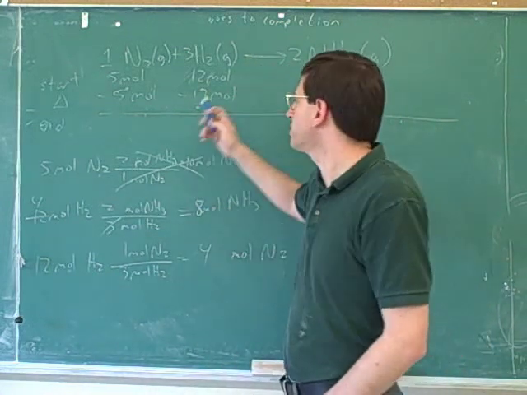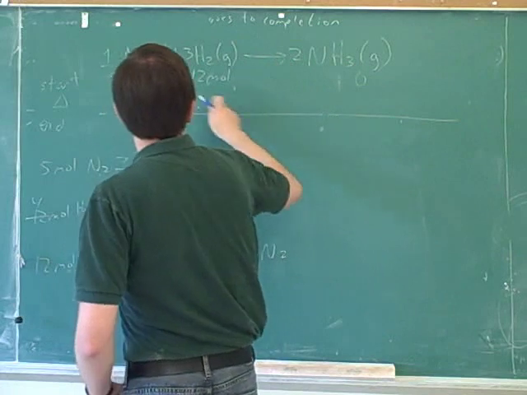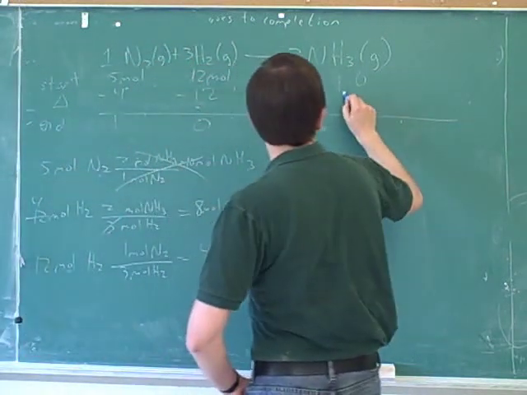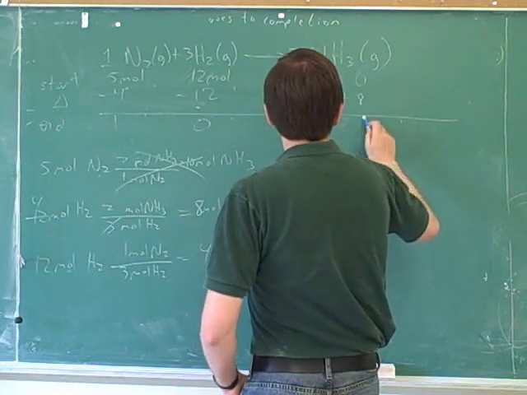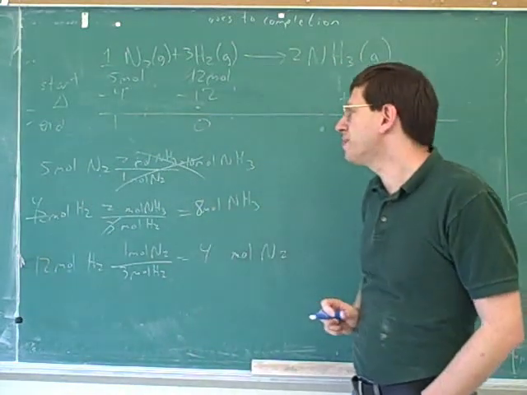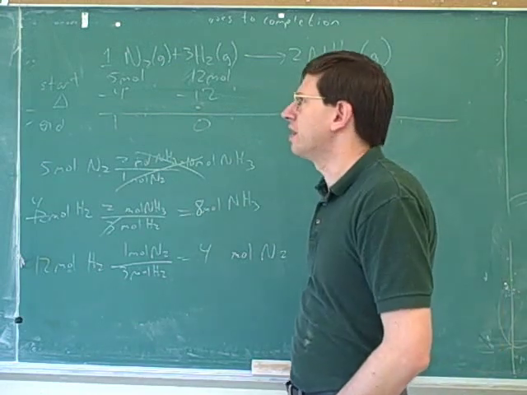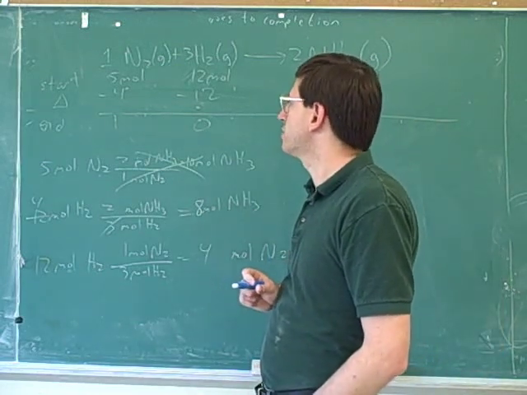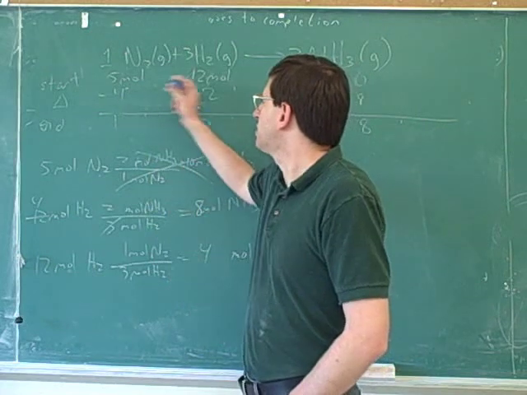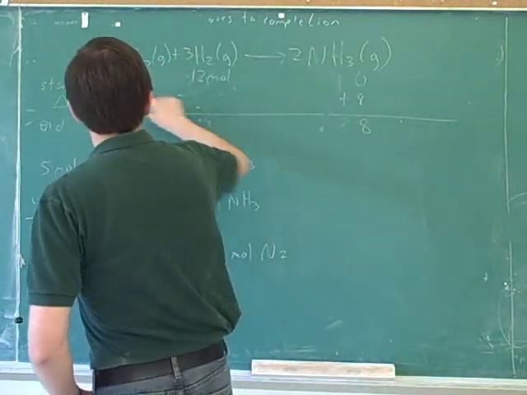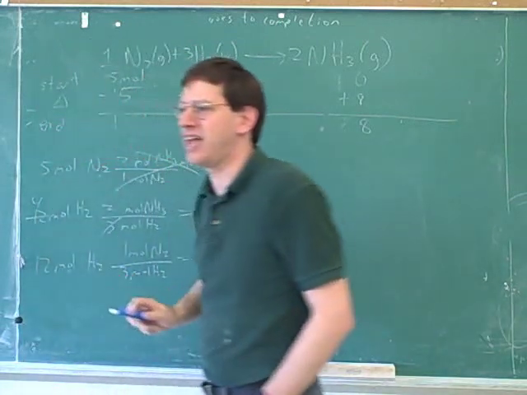Oh, going back to this for a second, what was the lesson that I wanted to teach with this problem? Minus 12, minus 4, 1, 0, plus 8. Here's another mistake people could make here. A lot of people try to find the limiting reagent in their head. And if they do that, they would say, well, the limiting reagent is what I'm going to run out of first. I've got way less nitrogen than hydrogen, so I'm going to run out of nitrogen first. And then they would go in and say that this was a minus 5, say.